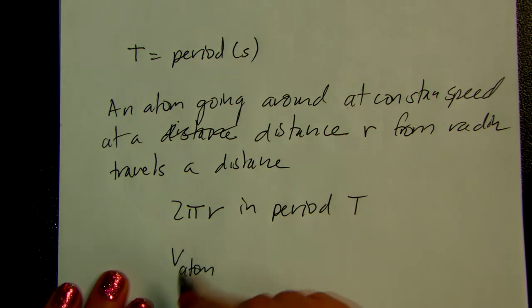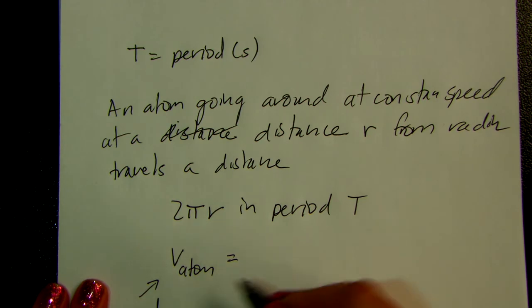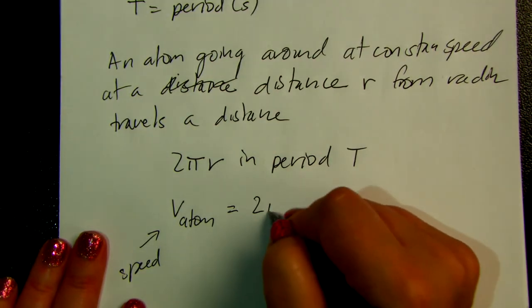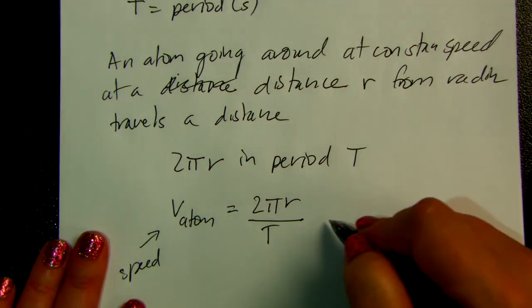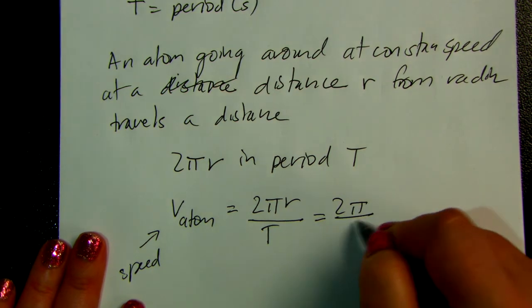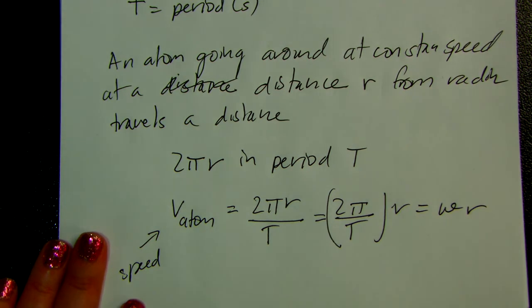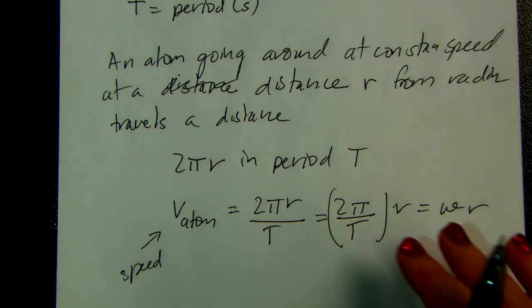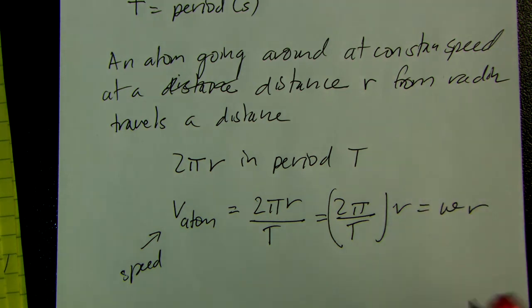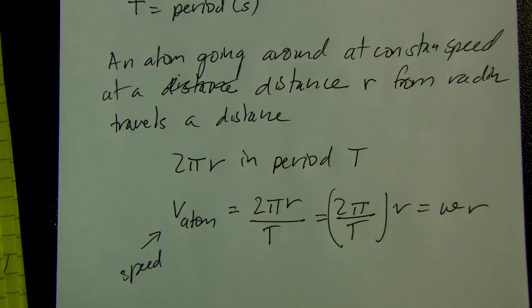I've not put a vector on it, so this is speed. It is 2 pi r, the distance around, divided by the time, which is period T. This is equal to 2 pi over T times r, which is equal to omega r. So if we have the radius and the angular speed, we can get the linear speed. Just be careful: omega is measured in radians, typically not degrees.